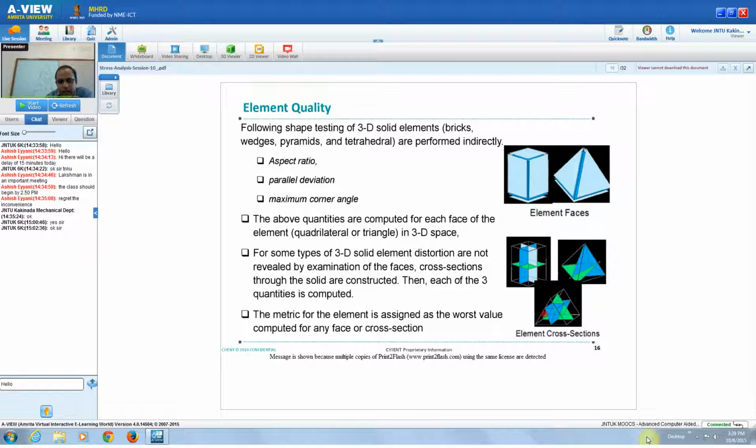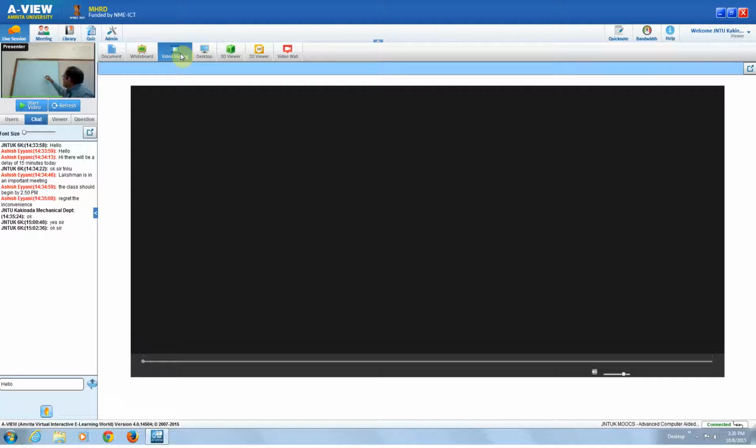And one question comes: what will happen? Suppose for a brick element there are 8 faces, right? For a brick element, it will have 8 faces.